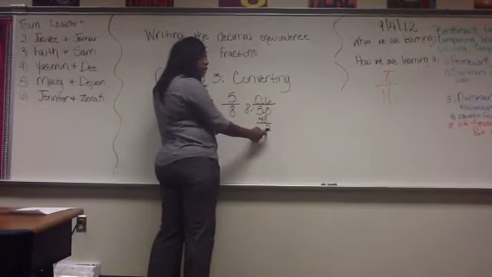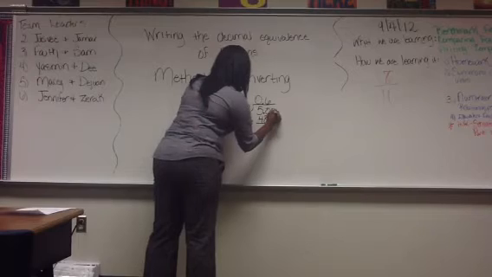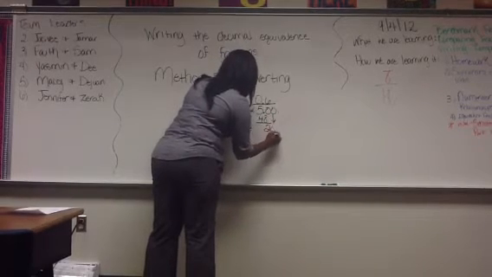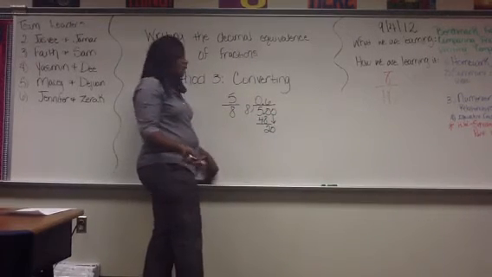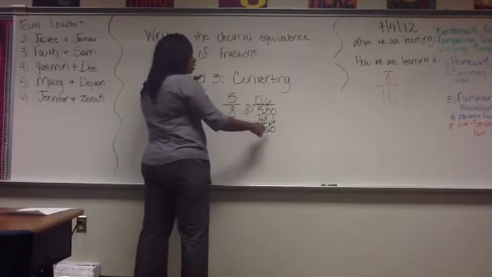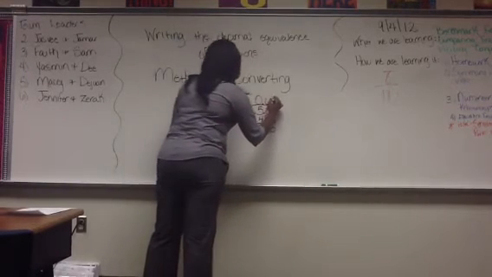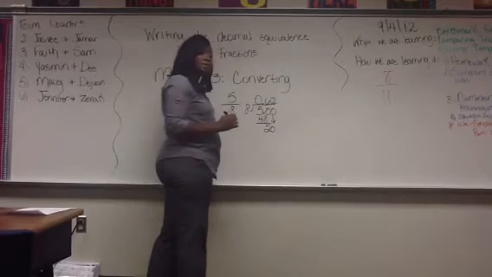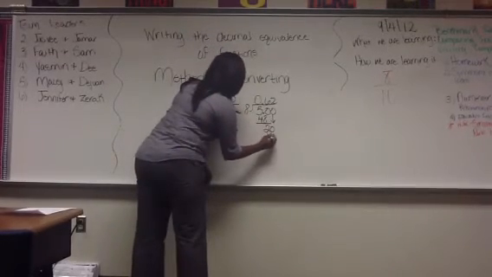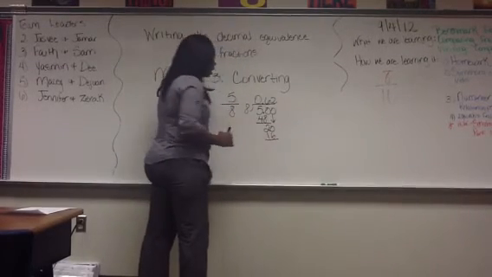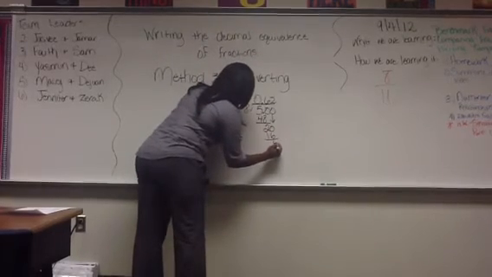Remember, I don't want to have that remainder. So I'm going to add a 0 so I can bring it down. That way I get to keep on dividing. 8 goes into 20 2 times, because 8 times 2 is 16. 20 minus 16 is 4.